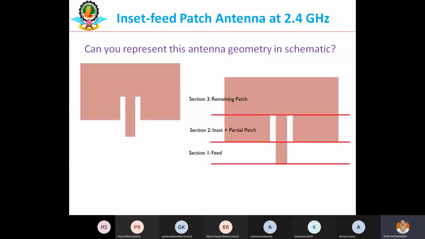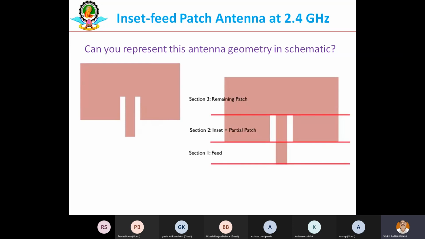You can have the three sections of your patch antenna. Likewise, section 1 will be the feed line, and how can you represent this feed line? With the help of a simple microstrip transmission line, isn't it? What about the inset and partial patch?